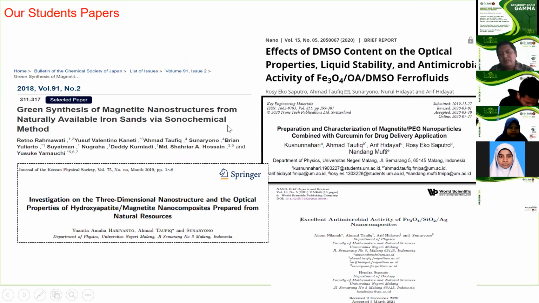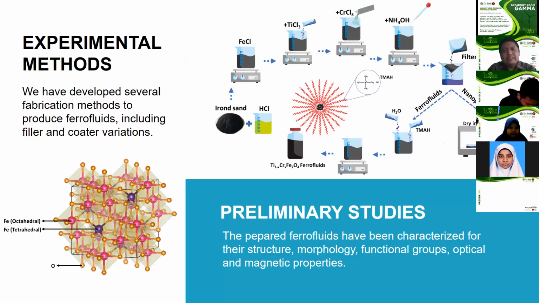This is Q1 with a high impact factor of about 8, and this one also has a high impact factor in Web of Science. So why is it important to investigate ferrofluid for energy harvesting? We know that in atomic scale, in the spinel crystal structure of magnetic nanoparticles, the irons can be placed in octahedral or tetrahedral positions with specific magnetic spin.